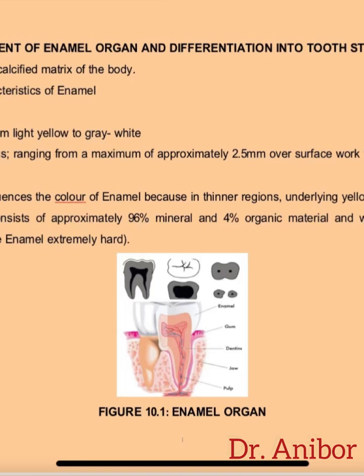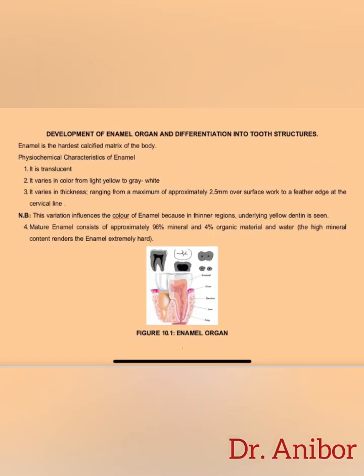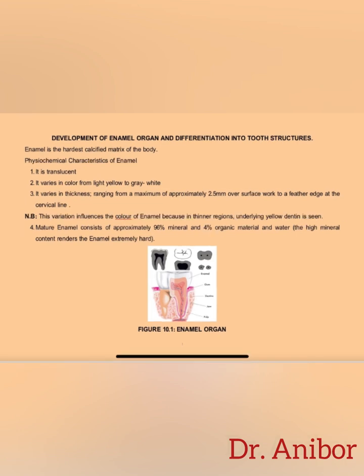The matured enamel consists of approximately 96% mineral, that's the constituents now, and 4% organic material and water. You will note that the mineral content is quite high. This makes the enamel extremely hard. So the enamel is a very hard tissue. You need to remember the properties of the enamel.